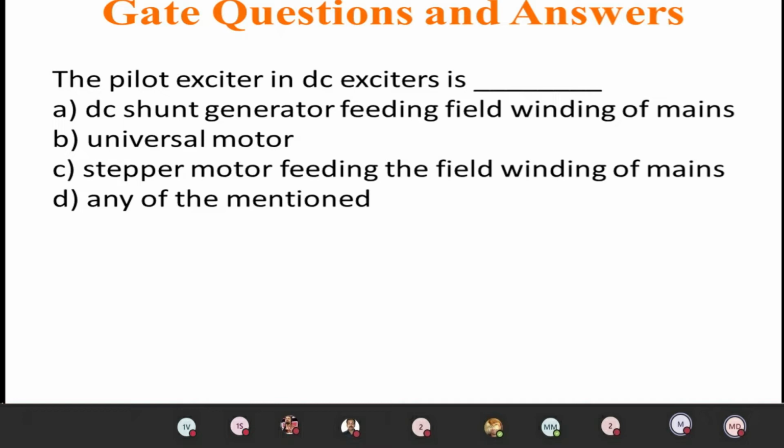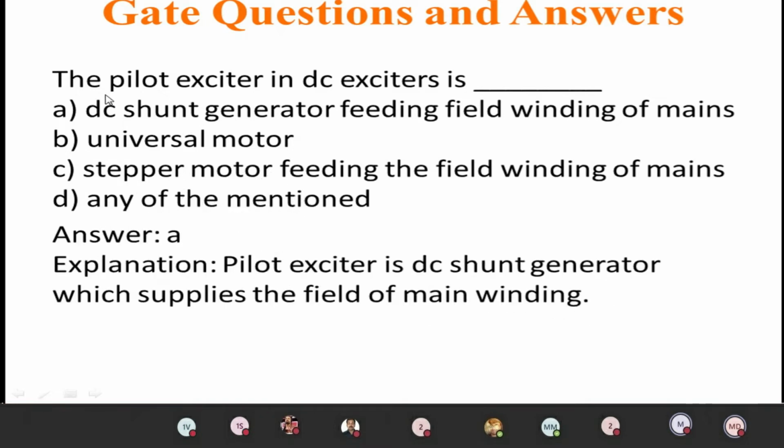It is an old method, a conventional method. So the pilot exciter in the DC exciter is a DC shunt generator feeding the field winding of the main. So the option is A. The pilot exciter is a DC shunt generator which supplies the field of the main winding.